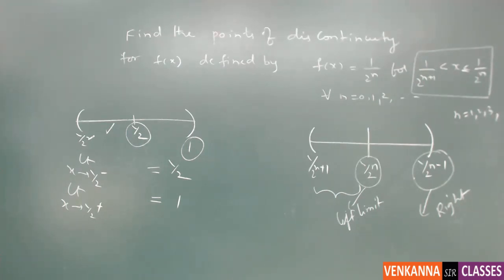So can you take 0 here? N is equal to 0. That means, is it a point of discontinuity at x equal to 1? So excluding the end points, it is going to be discontinuous in the middle points you can take.